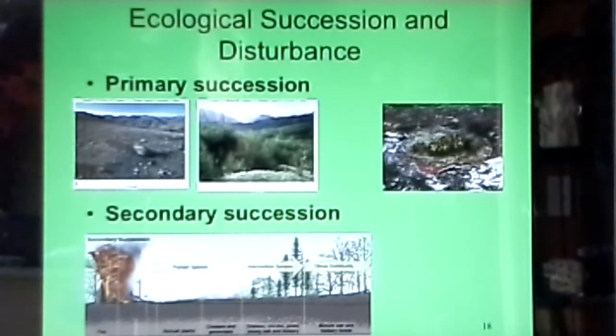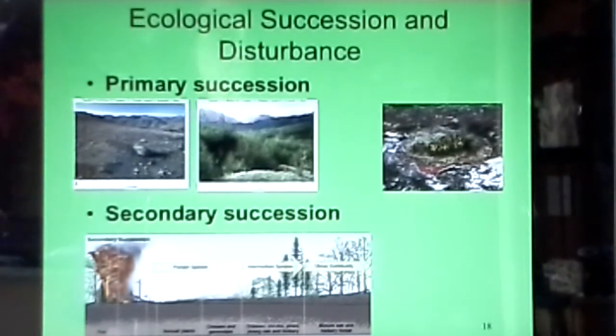Eventually other plants move in: grasses, bushes, trees. In secondary succession, the soil is already there. So all that happens is the seeds that are remaining in the soil will sprout, roots will grow, and again you get grasses and then bushes and then trees.